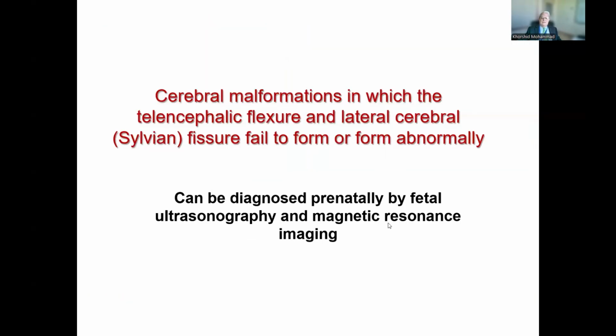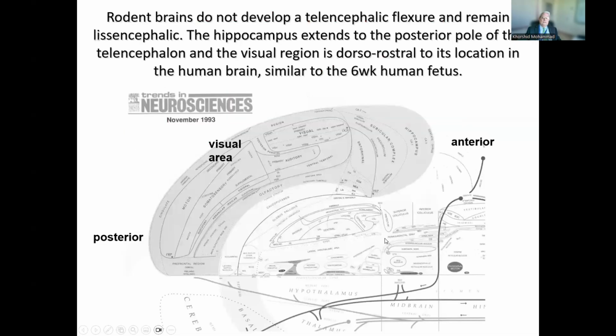Now, I'd like to show you a few examples of some cerebral malformations in which the telencephalic flexure and lateral cerebral fissure, sylvian fissure, fail to form or are formed abnormally. These diagnoses can be made prenatally by fetal ultrasound or magnetic resonance imaging, and certainly can be made in the postnatal period.